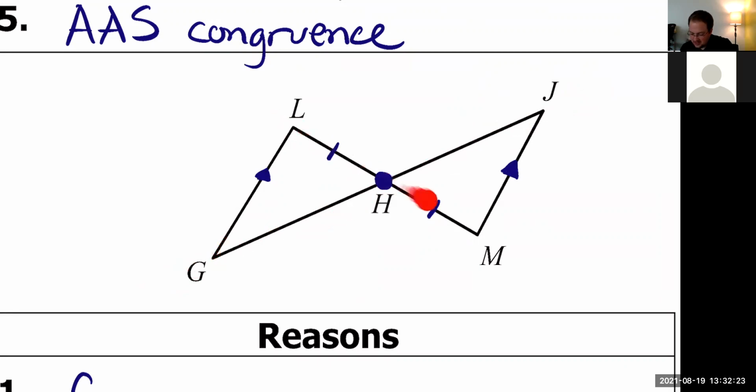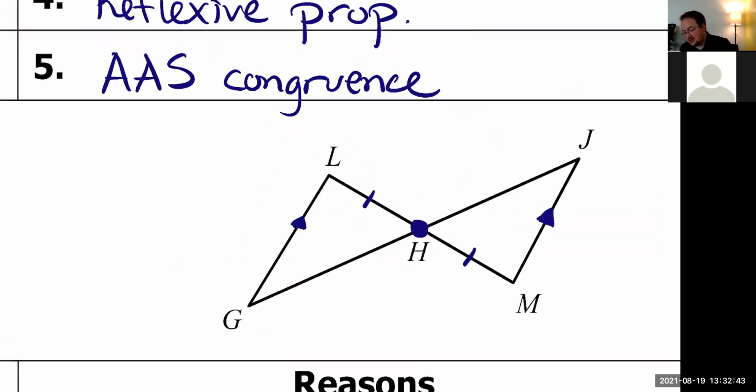What are they? They are alternate, because if you're imagining LM as your transversal, this is alternate side of this transversal.